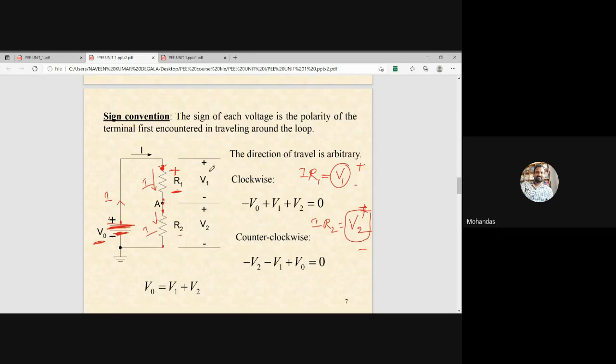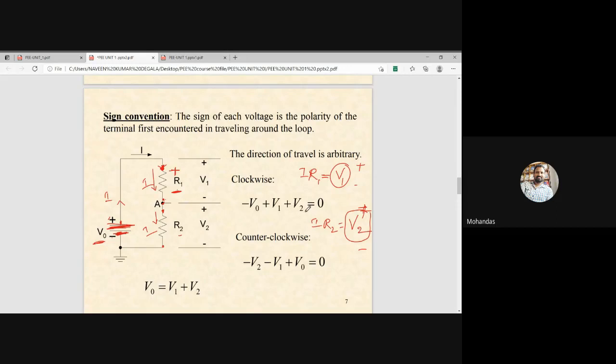There is a rule for giving these polarities: the terminal where the current is entering should be treated as positive, and where it is leaving should be negative.